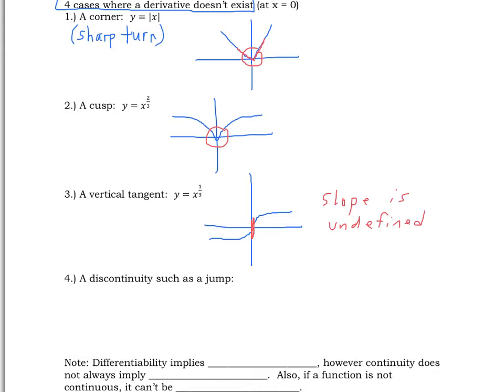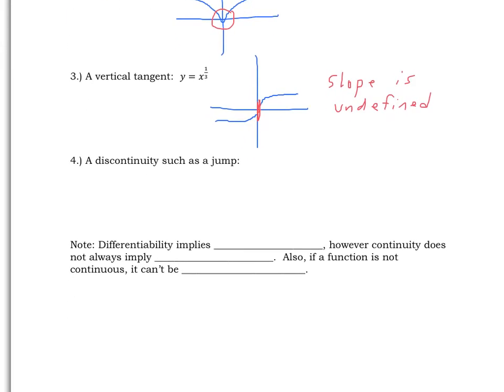Let's look at a situation here where we have a discontinuity. This is the last type of example where a derivative doesn't exist. And I'm going to add something to this. I wrote here a discontinuity such as a jump, hole, or a vertical asymptote. So let's illustrate. With the case of a jump, we're talking about the origin here.